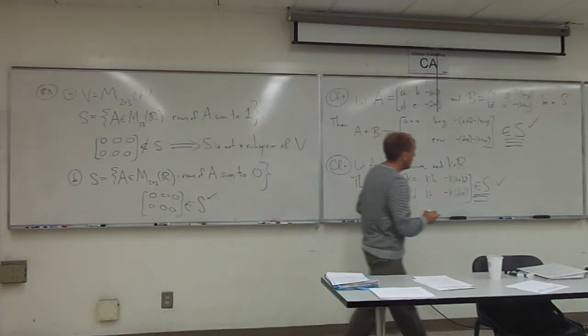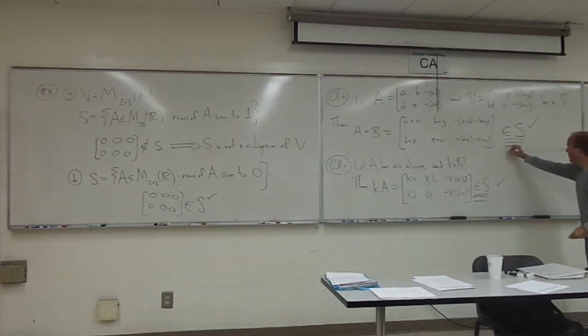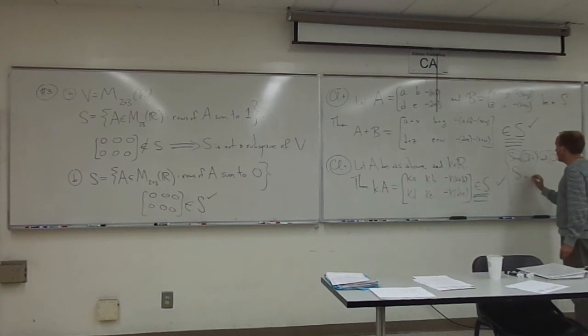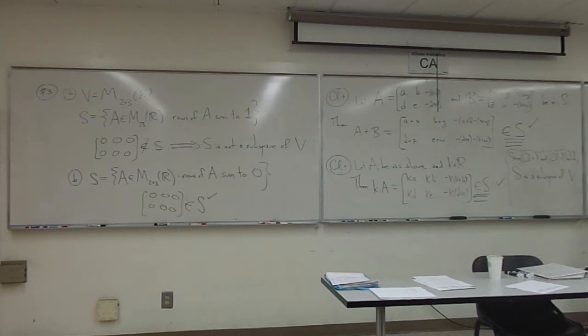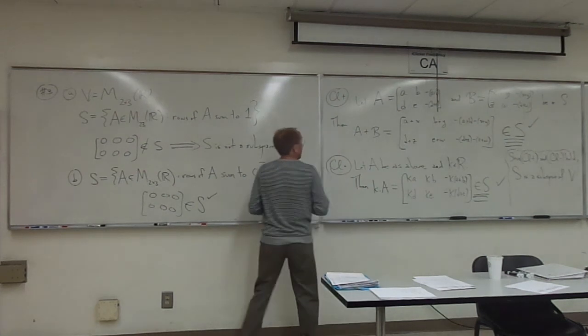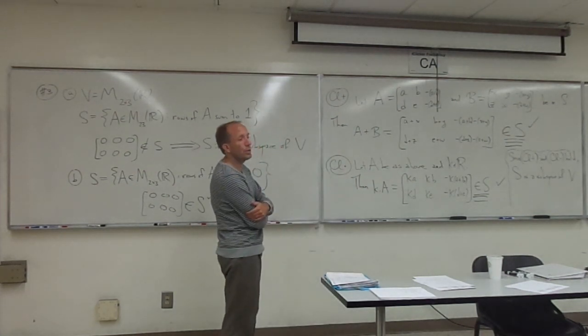If we want to be really good about it, I don't necessarily need you to write this down, but this is helpful, is to just say, since closure under addition and closure under scalar multiplication hold, S is a subspace of V. You can use A1 and A2 if you don't like the other notation, either notation is fine. So it's a subspace.